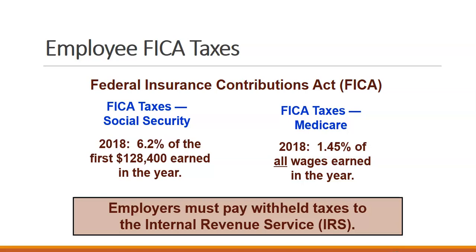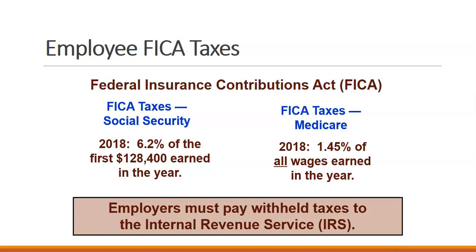It says what the rates are as of 2018. So with many of the payroll tax amounts that are withdrawn from your check, those amounts, much like tax policy, is set by Congress, and Congress can change those policies.